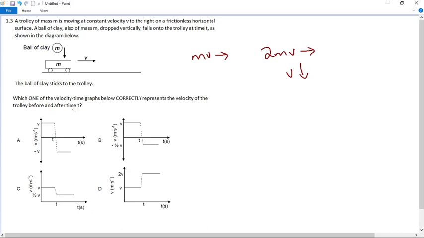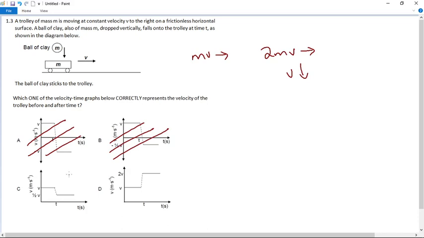So which one of the velocity time graphs below correctly represents the velocity of the trolley before and after time t? I am immediately going to cross these two out, the ones that cross the x-axis, because if a velocity crosses the x-axis, it means it has changed direction. This trolley is not going to change direction just because you drop some clay on it.